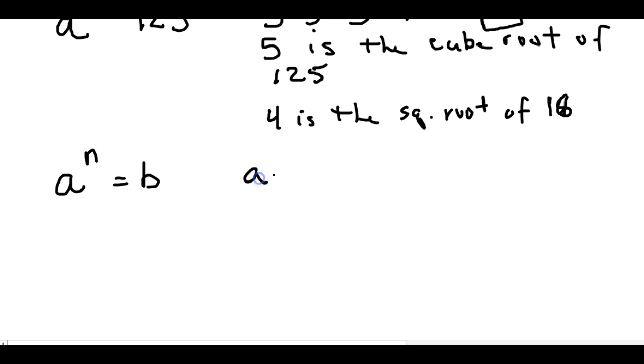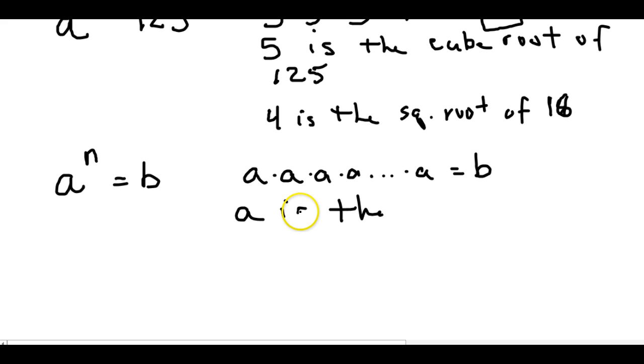So that's a times a times a times a, dot dot dot, times a, and that would equal b, where b is the number that we're taking the root of. So we say a is the nth root of b.